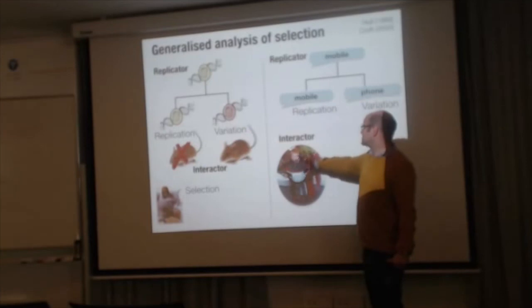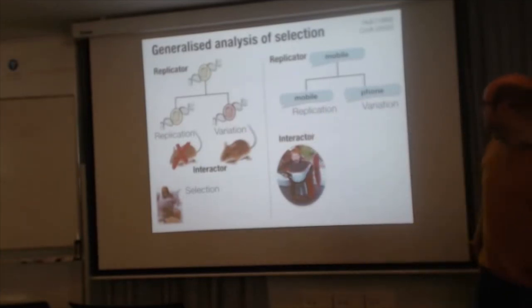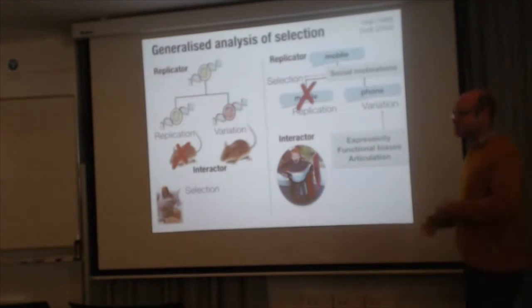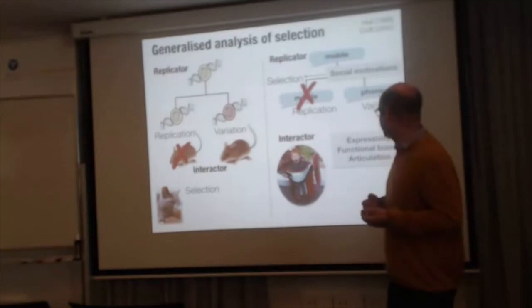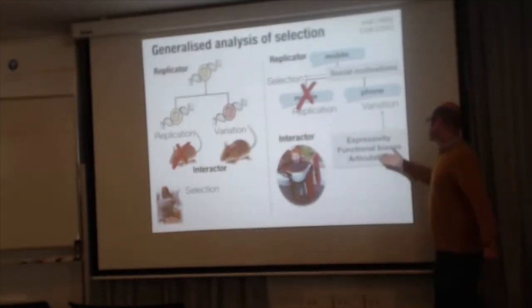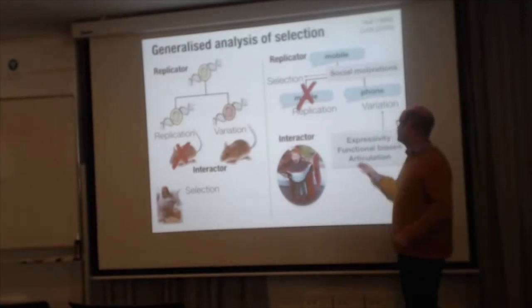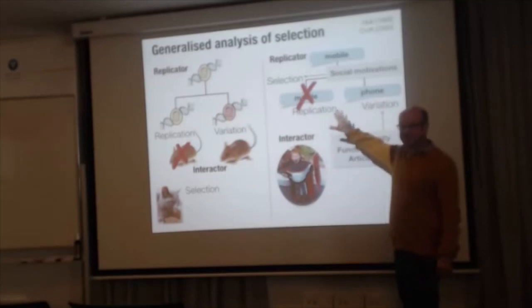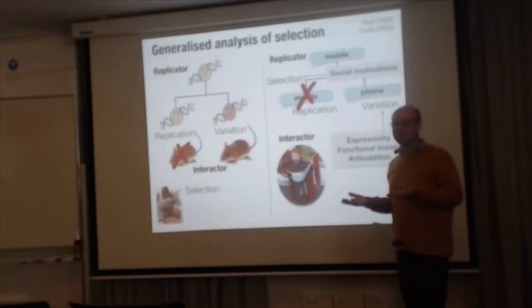The interactors are the ones applying the selective force, and they may have their own reasons for not saying mobile, and these can come from lots of different places, like social motivations, that the people who I like say phone and not mobile, or there could be other reasons, like maybe it's easier to say, maybe it's more expressive in some ways. There's a whole bunch of different ways in which, given that this variation exists, you might then reproduce one form more quickly than another.